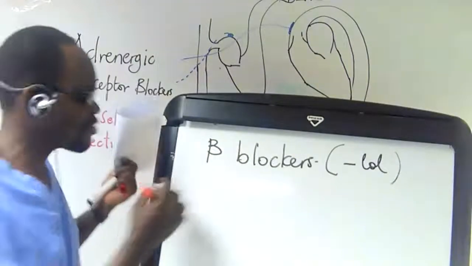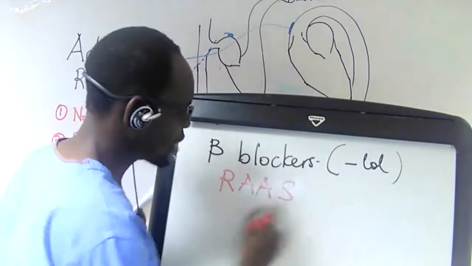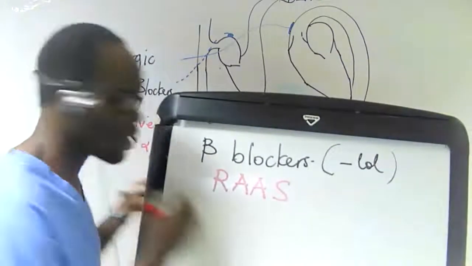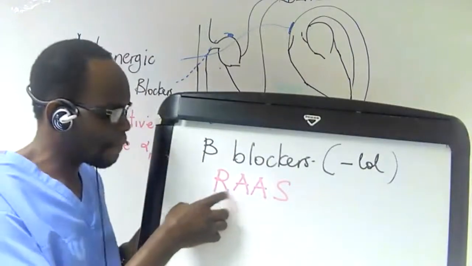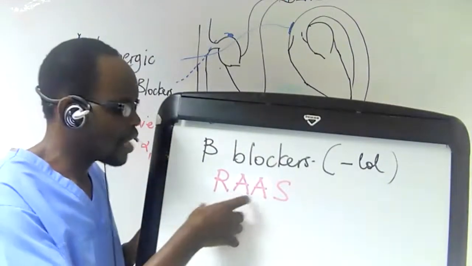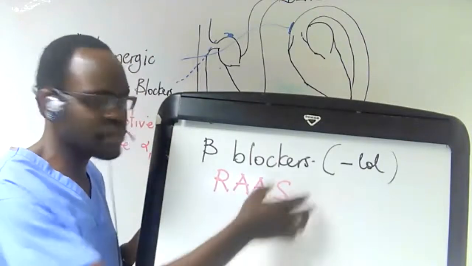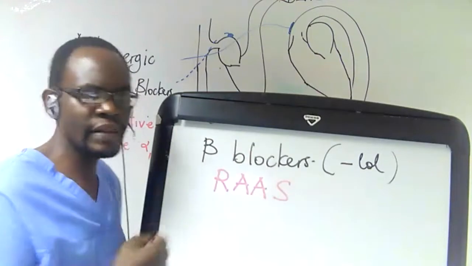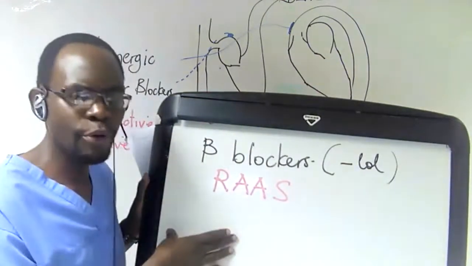Maybe what is RAS? Let's just briefly talk about the RAS. The RAS is referred to as renin-angiotensin aldosterone system. I've already talked about it in the presentation on hypertension, but we can still do a recap.